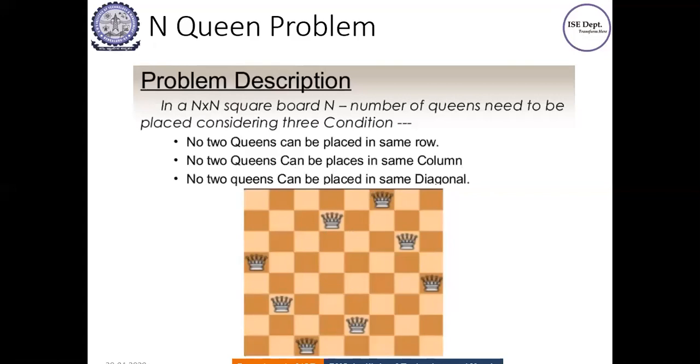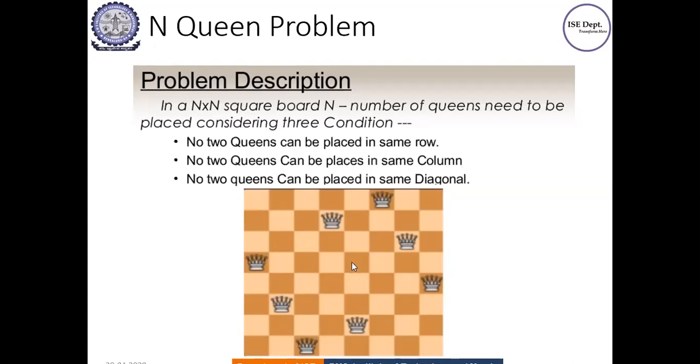Am I clear with this? No two queens can be placed in the same row, same column, or same diagonal. So this is an example. If you see here, no two queens are in attack because they have been placed in such a way that they are not in the same row, same column, or same diagonal. So for any given n cross n, you are able to place the queens in this order.